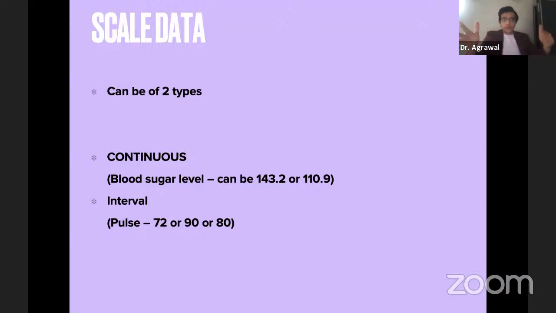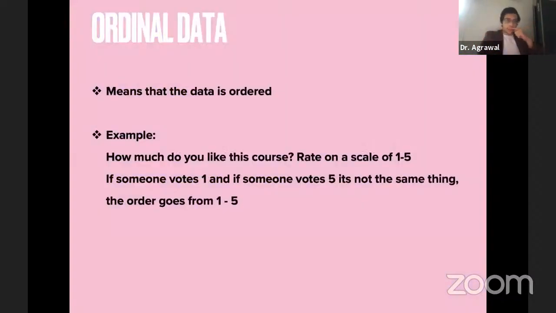Again, scale data can be of two types. It could be continuous, which is blood sugar level. It can be 143.2, 143.3, etc. Or it can be an interval, which is pulse, which is 72 or 73. So there is no decimal point essentially in interval. Ordinal data again means that it's ordered. So how much would you like this course? Would you rate on a scale of 1 to 5? It has an order. So 5 is more than 1, is more than 3. So there is an order to things, which is 1, 2, 3, 4, 5, not 5, 2, then 3, then 1.